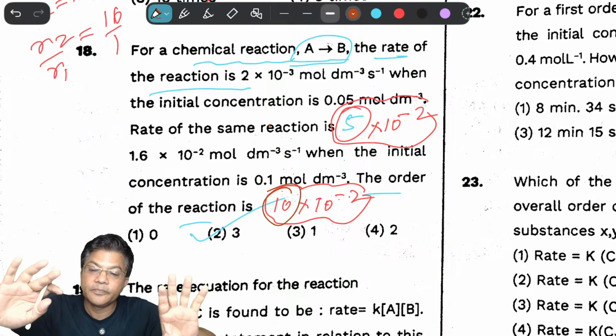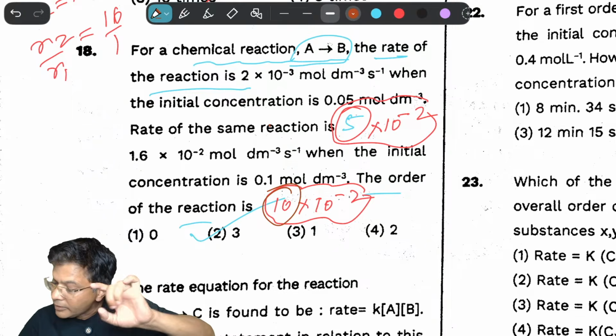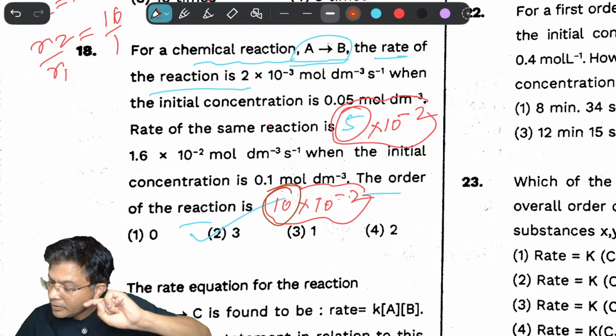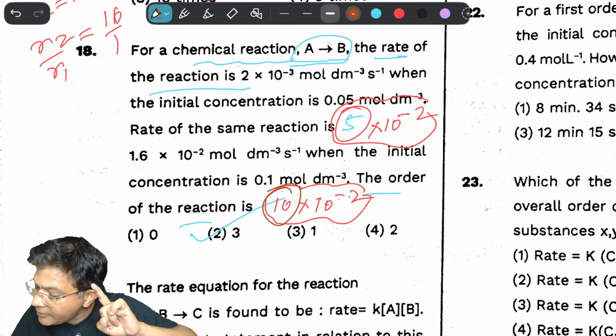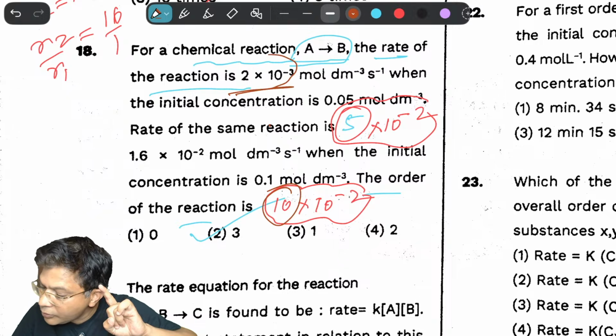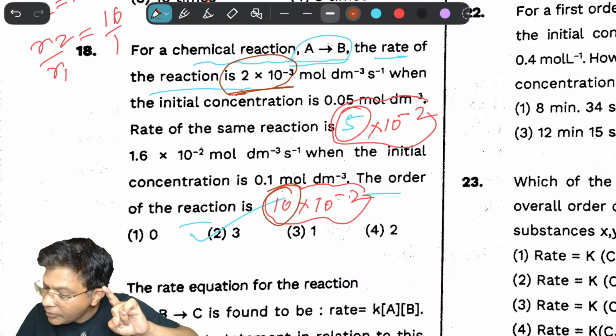Now, the concentration they have doubled and they are talking about the rate. For a chemical reaction the rate of reaction is 2 into 10 to the power minus 3 and now 16.